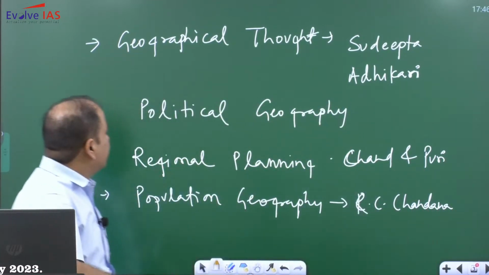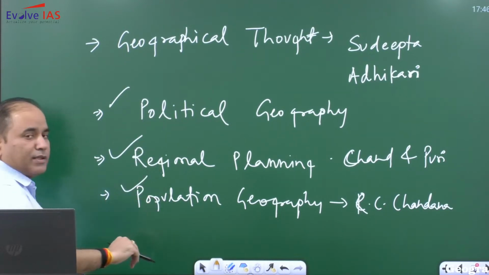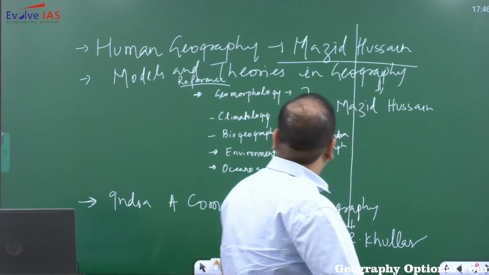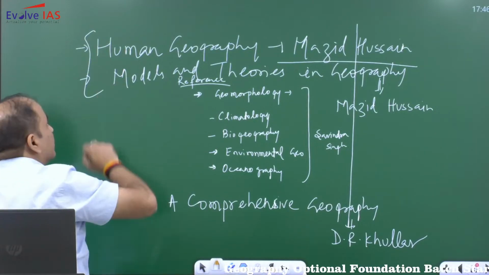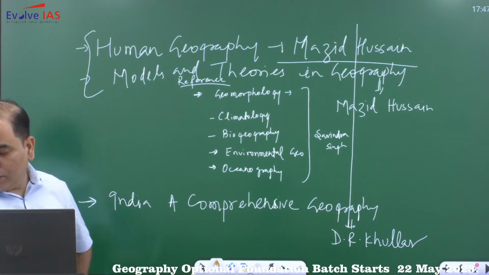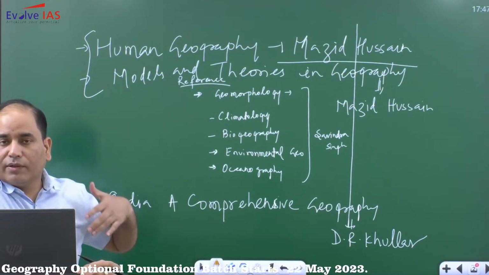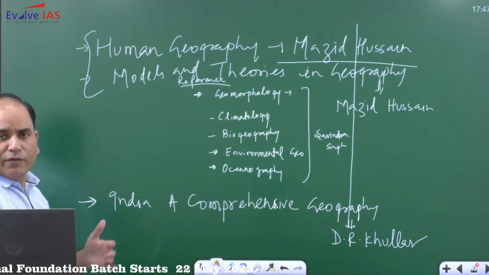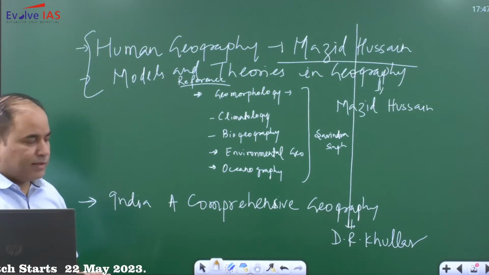Now, as far as political geography, regional geography, regional planning, population geography, and settlement geography are concerned, my suggestion will be that you can manage with these two books, that is Human Geography by Majid Hussain and the Models and Theories. You need not go for a separate book, but if you have that urge, you can definitely buy these books.